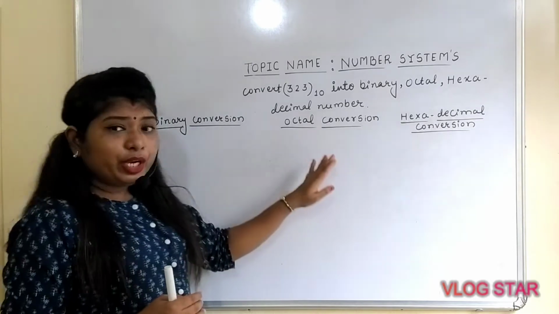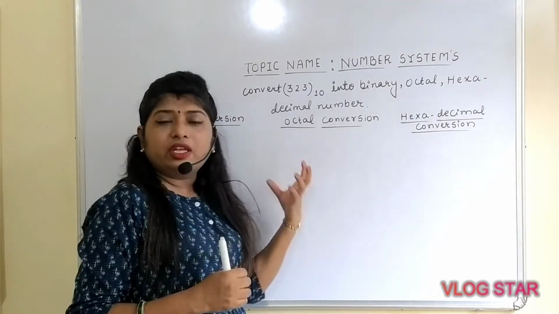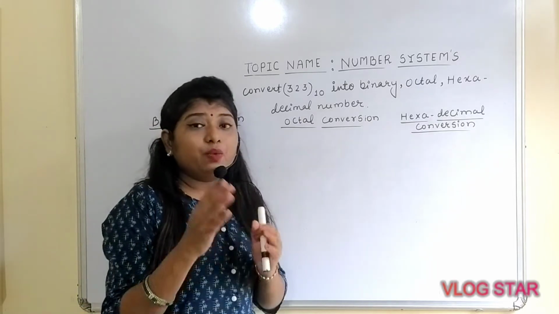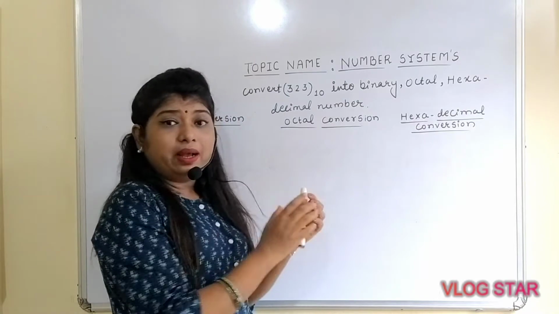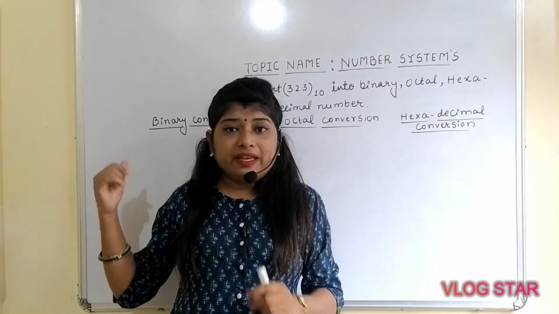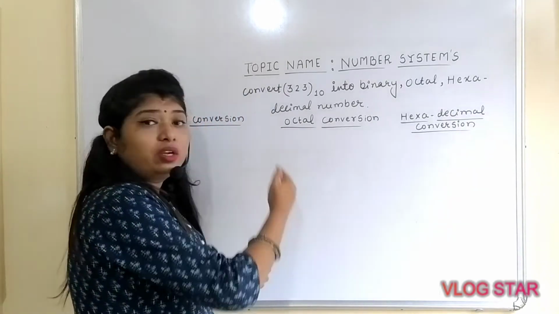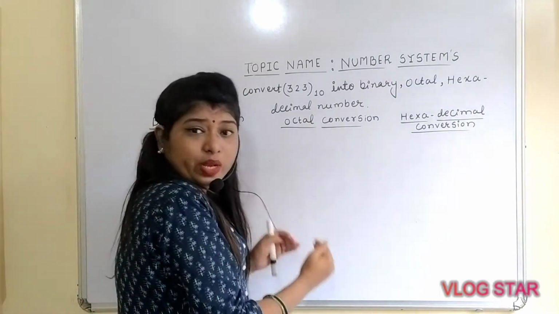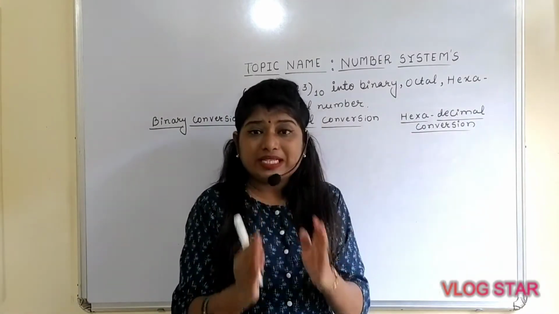Similarly, if you need to convert into the octal number system, you have to divide that particular number by base. As already we had studied, for binary conversion the base is always 2. For the octal conversion the base is always 8, and for the hexadecimal conversion the base is always 16.